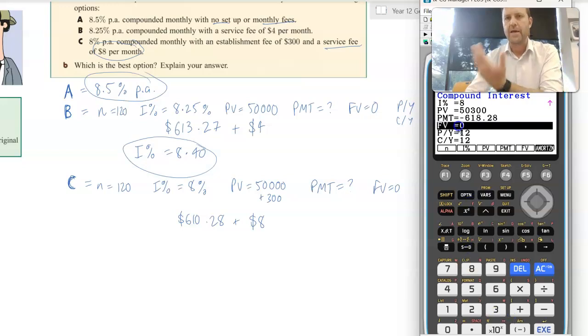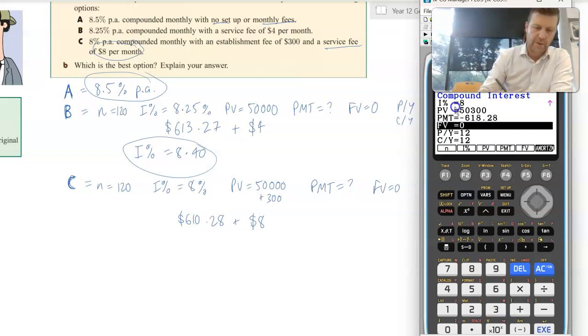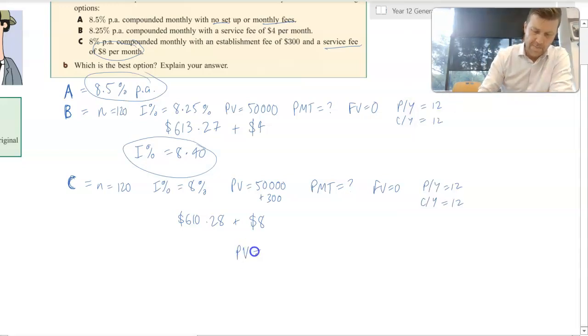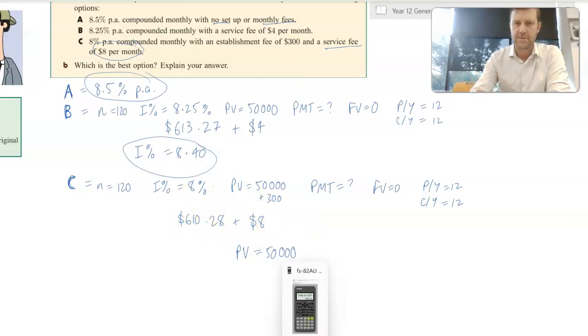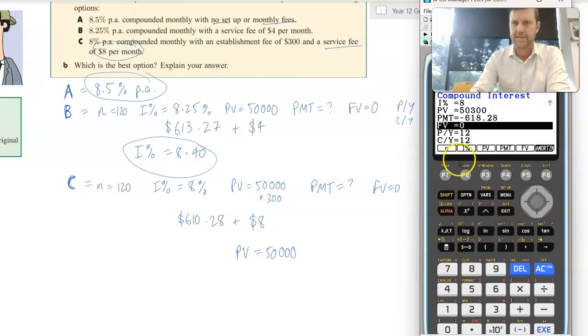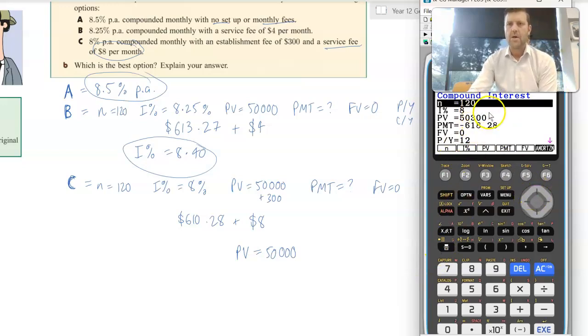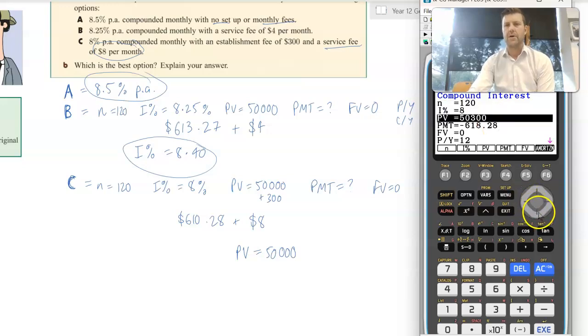But before I work out the interest rate here, what I'm going to do is change the PV back to $50,000. All right, we're already telling it we're going to pay that amount, $618.28, 120 times. We're not paying interest on the service fee. So let's remove that $300, just get it back to $50,000.